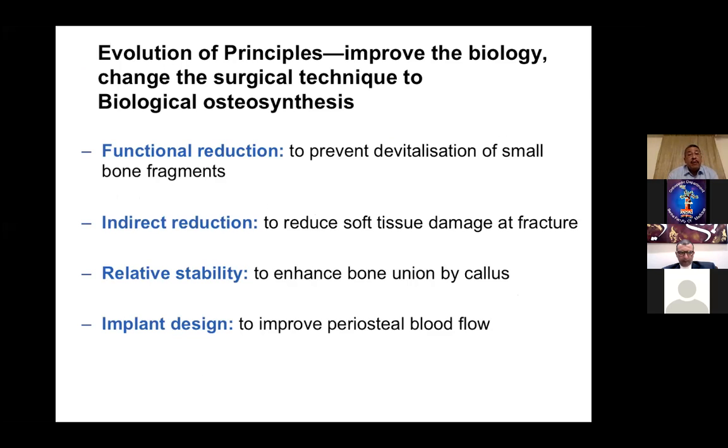And the evolution of principles from the 90s up to now is about how to improve the biology, to change the surgical technique toward a more biological approach. The functional reduction will prevent devitalization of small bone fragments, using indirect reduction techniques to minimize the soft tissue damage at the fracture zone, and applying the principles of relative stability to enhance bone union by callus formation, the natural bone healing.